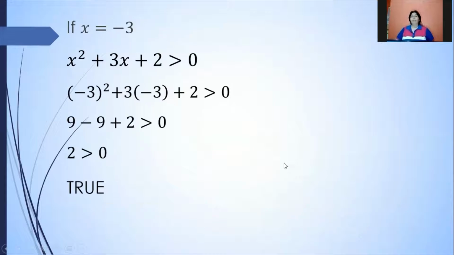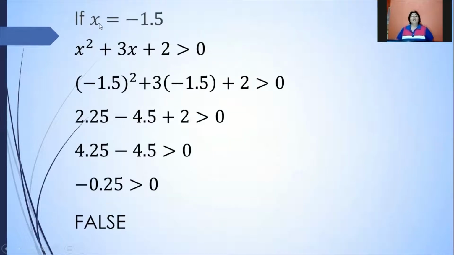Okay? If x is equal to negative 1.5, x squared plus 3x plus 2 is greater than 0. Substitute negative 1.5 squared plus 3 times negative 1.5 plus 2 is greater than 0.